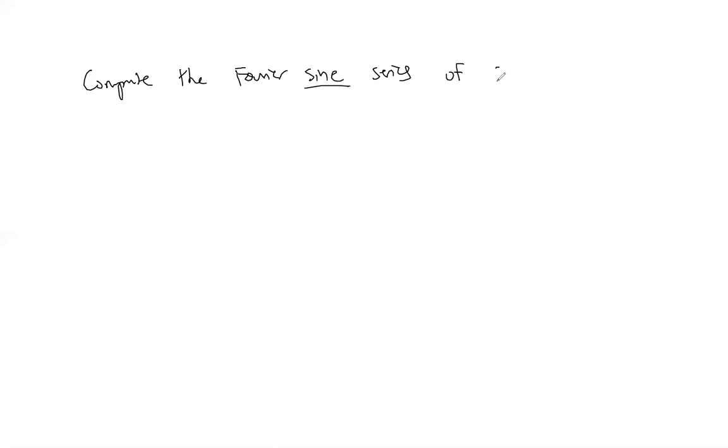And let's do it of f of x, which is defined, let's just make it even easier, to equal 1 on 0 to pi. So it's only defined on 0 to pi. It equals 1. Okay? And we're going to define the Fourier sine and cosine series.